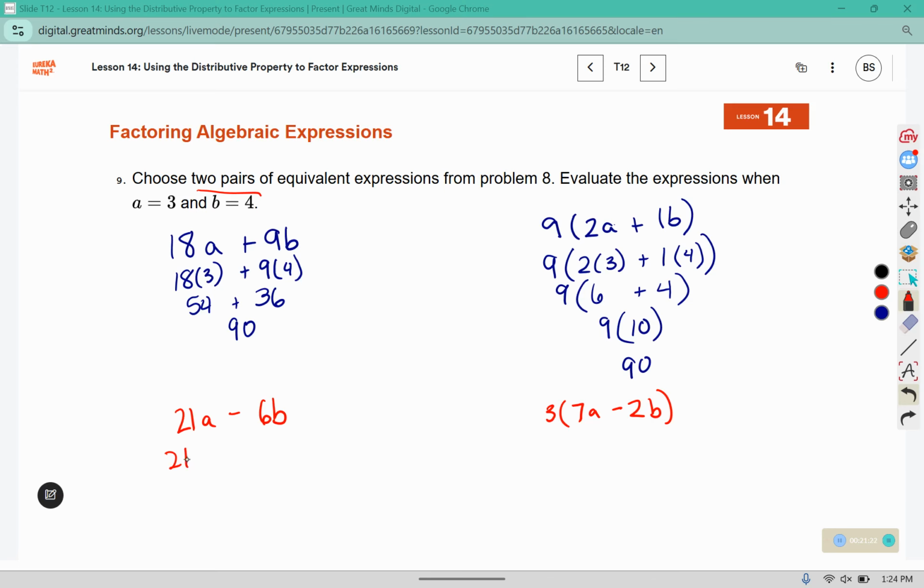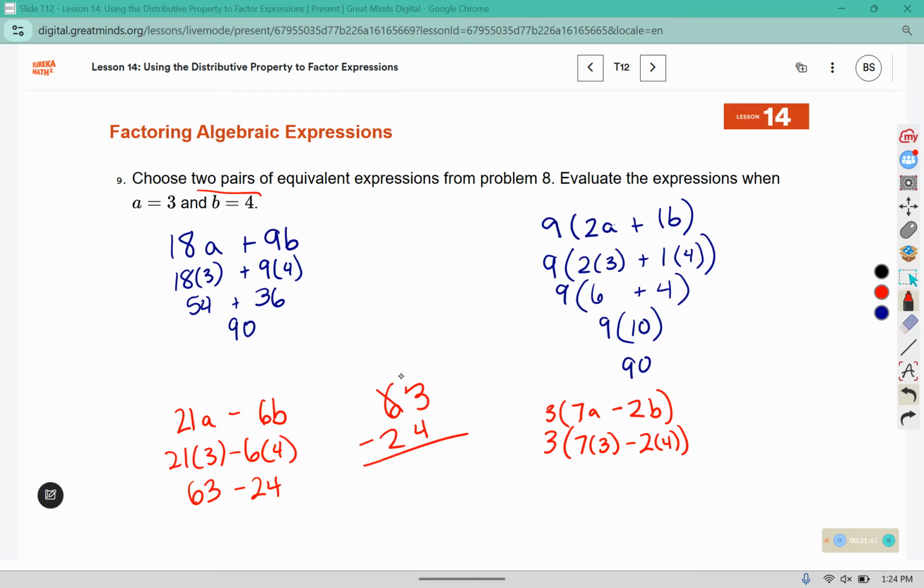So we're replacing a with 3 and b with 4. 21 times 3 is 63. 6 times 4 is 24. And then we need to subtract. 63 minus 24 is 39.